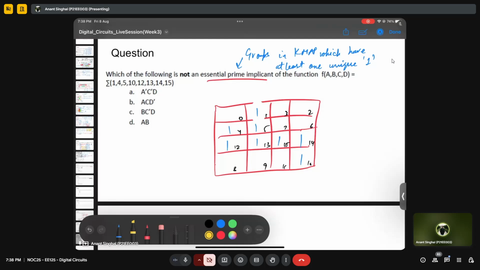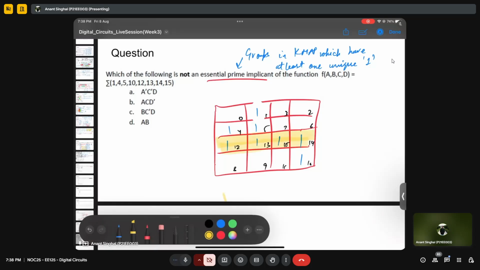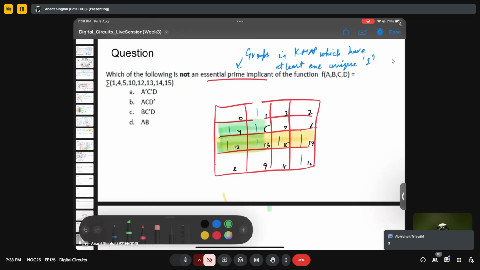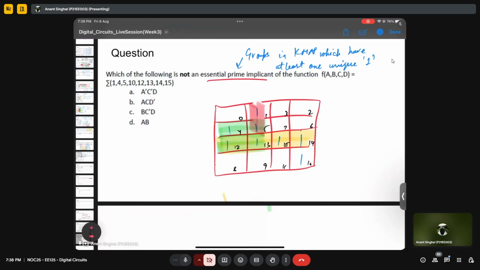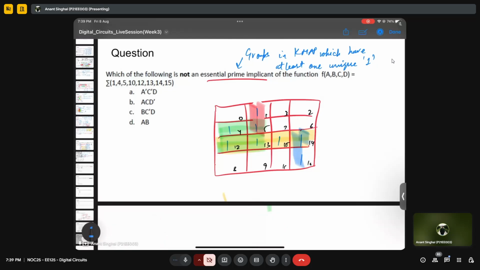So let's try to make the groups first. The first quad that I can make is this, right? The second that I can make is this. The third that I can make is maybe this pair, and the fourth, in blue, is this.